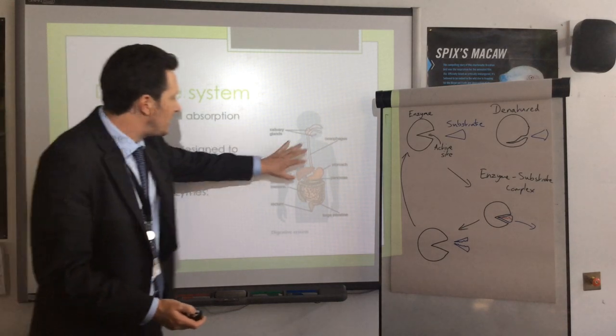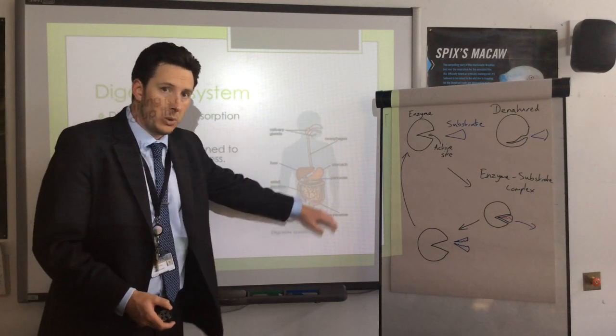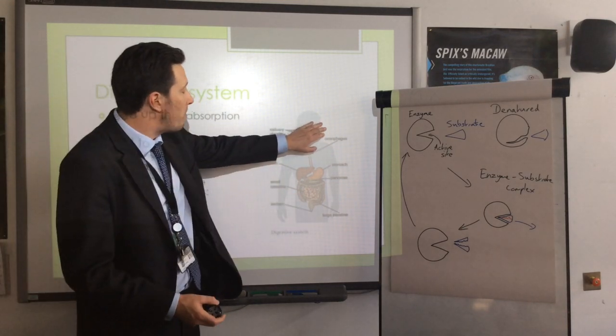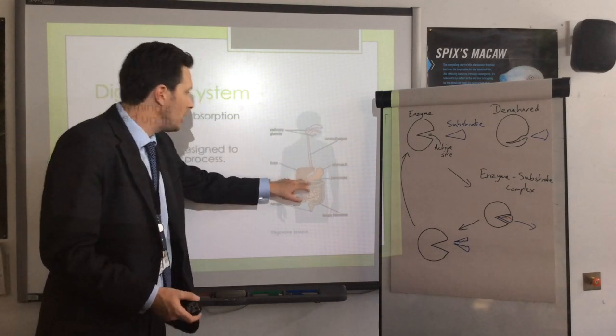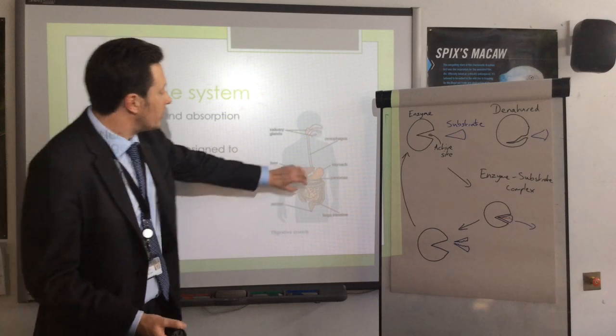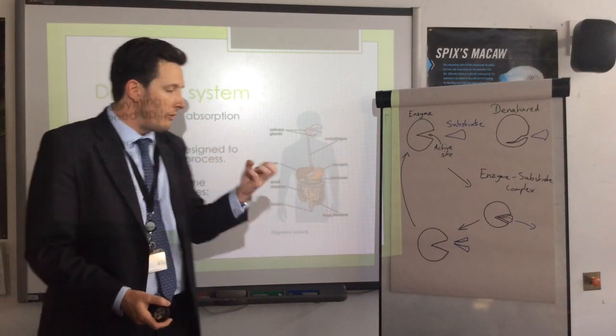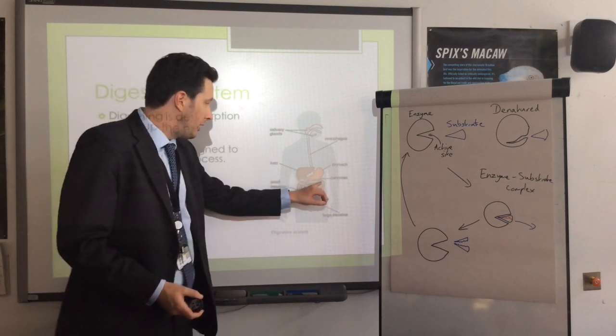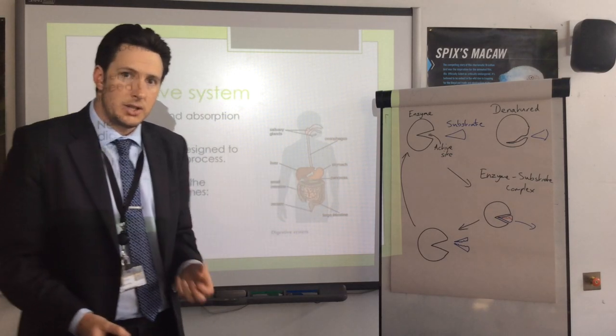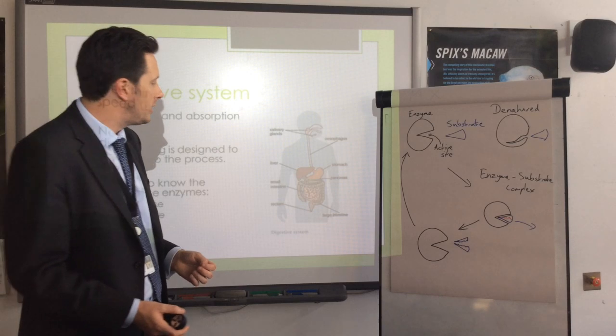So the digestive system has several different organs. You've got the mouth, or the salivary glands, particularly in the mouth. You've got the esophagus, which is the food pipe. You've got the stomach, which is a ball of muscle designed to churn up food. You've got the pancreas, which releases digestive enzymes or digestive juices into the food.